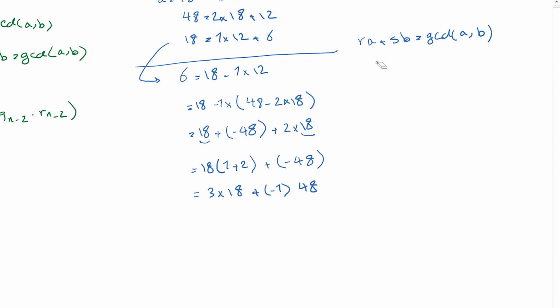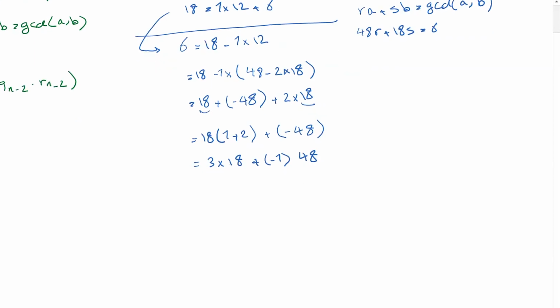We write it in a better way: 48R plus 18S should equal 6, because the GCD of these two equals that. So guess what I found? I found that 3 times 18, which is my S, and minus 1 is my R. If I do this multiplication, the result would become 6. And therefore, I found this R and S for the purpose that I was looking for.